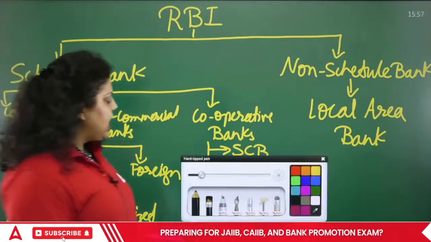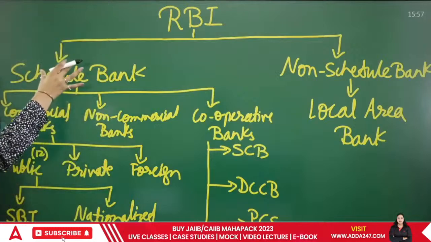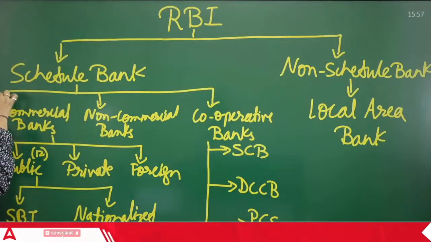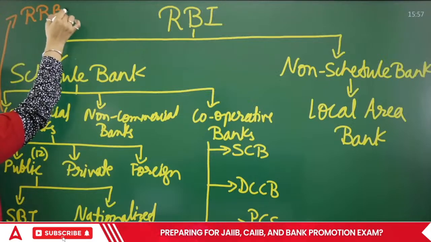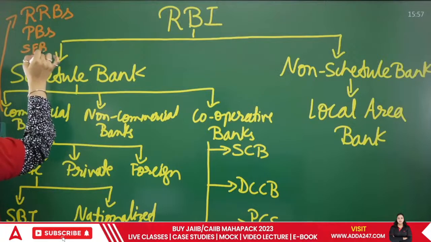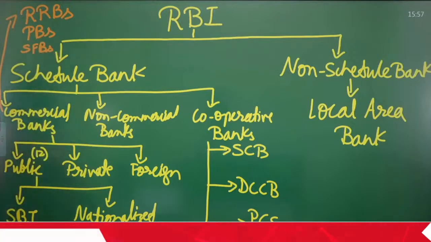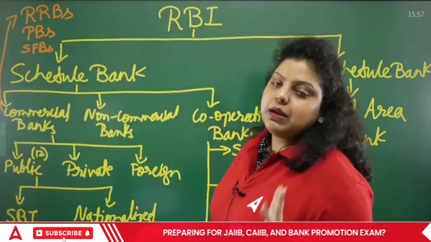Apart from that, we have three other important banks also. They are part of scheduled banks and commercial banks. So the commercial bank also includes regional rural banks, payment banks, and small finance banks. Right? So these are also other categories of the scheduled commercial banks: RRBs, payment bank, small finance bank.